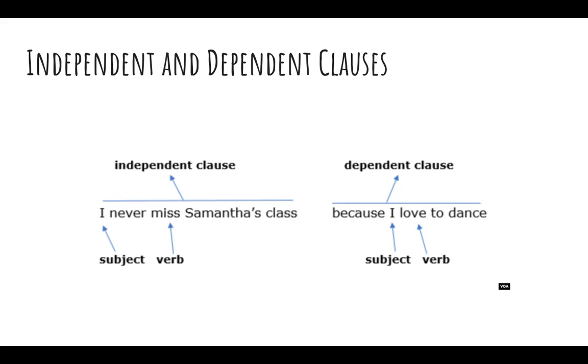Because I love to dance. Because I love to dance what? That doesn't make sense all by itself. So you have to pair it with an independent clause for it to make sense. I never miss Samantha's class because I love to dance. So you've got to make sure that you have at least an independent clause, but if you have a dependent clause, you have to make sure it's paired with an independent clause for it to make sense.